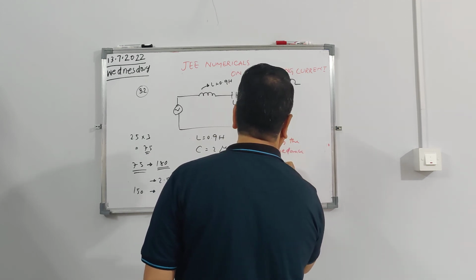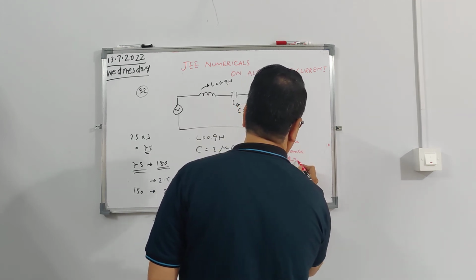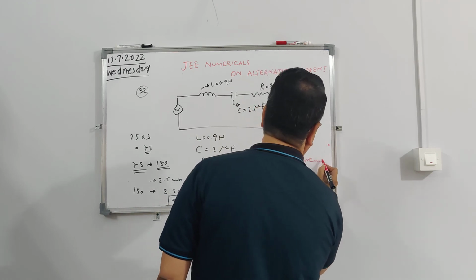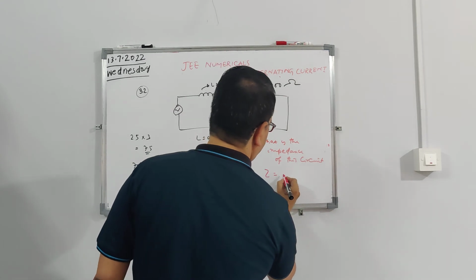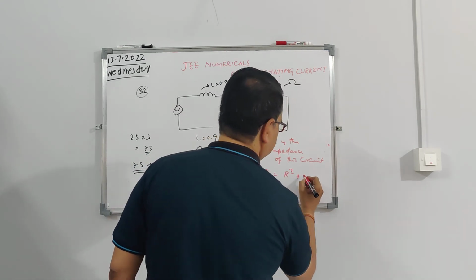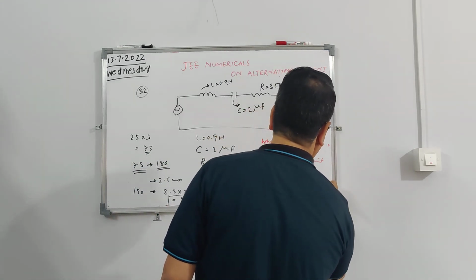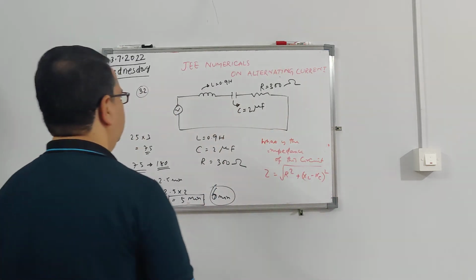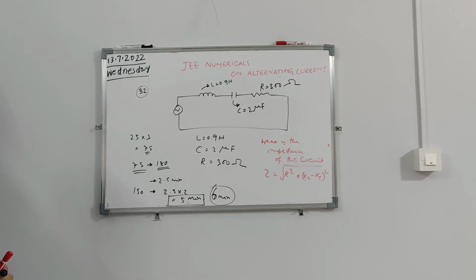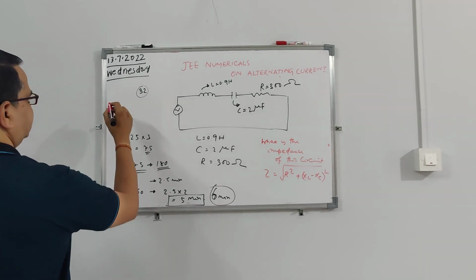You know impedance is nothing but the square root of R square plus (XL minus XC) whole square. So you have to find out your XL and XC.